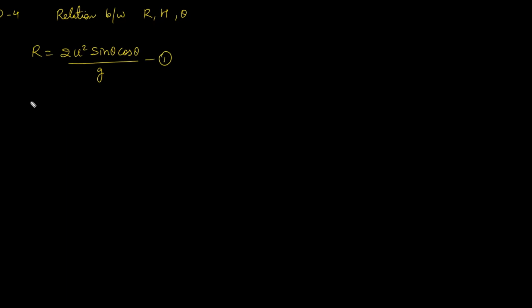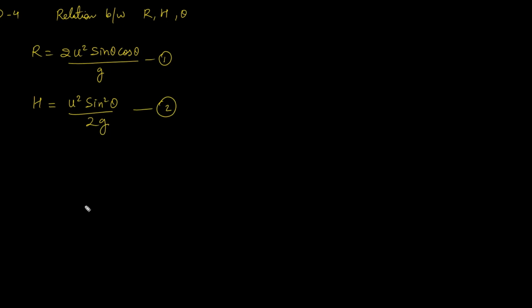The fourth derivation, that is the relation between R, H and theta. As we know, range equals 2u square sine theta cos theta upon g. First equation. And height we have seen is u square sine square theta upon 2g.